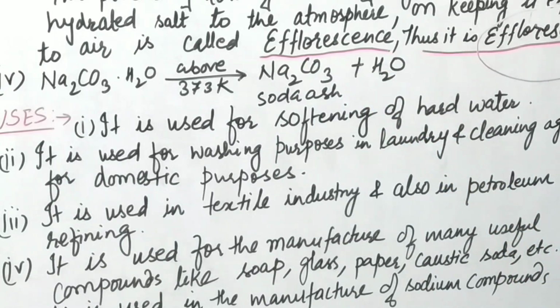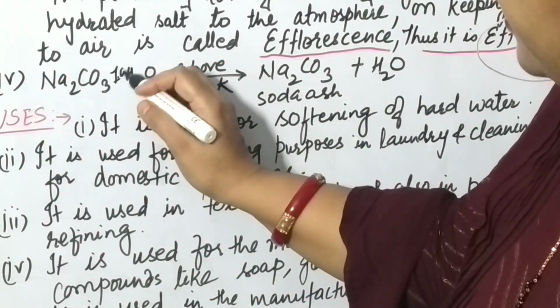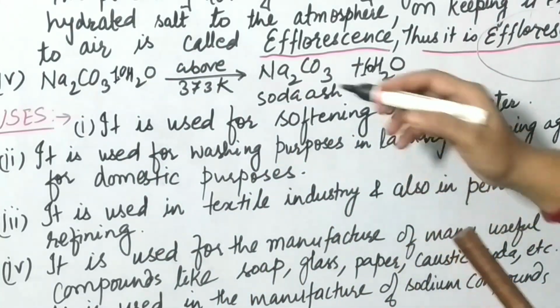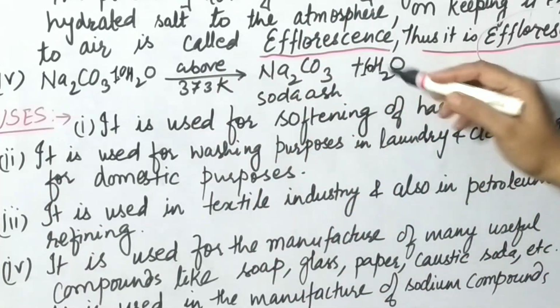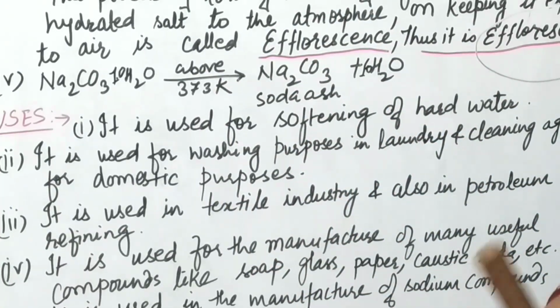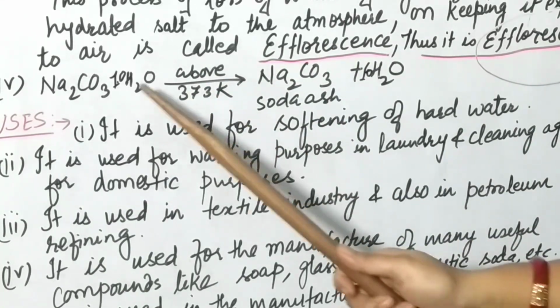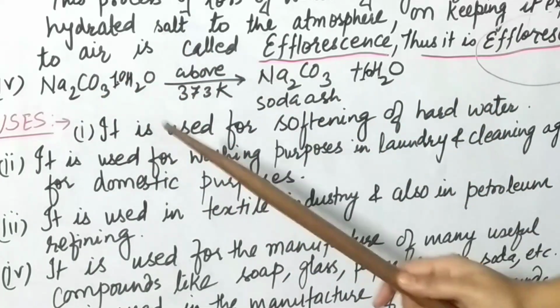I have not written 10 molecules of water here, but you can write it, decahydrate, 10 molecules of water is liberated. Actually this happens in 2 steps. Suddenly it does not liberate all the molecules of water, until and unless you raise the temperature.